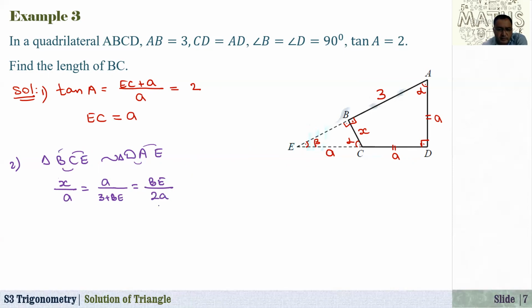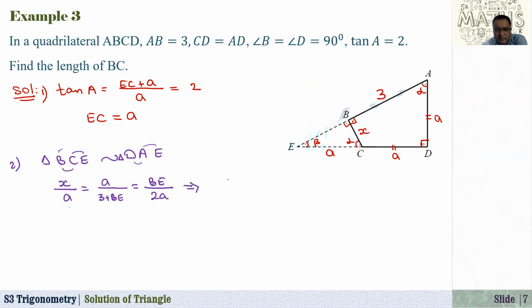So now, first I can find the relation between X and BE. If you look at the first ratio and the last ratio, X over A is equal to BE over 2A. So the A cancels.